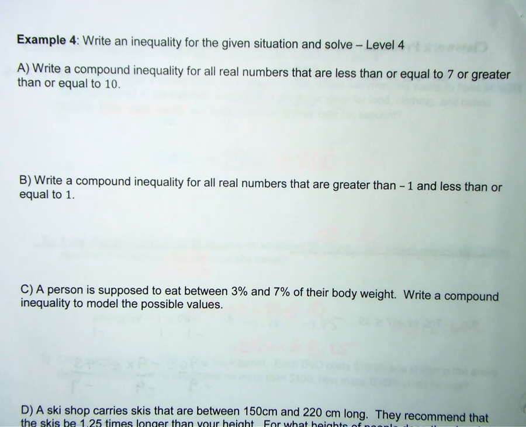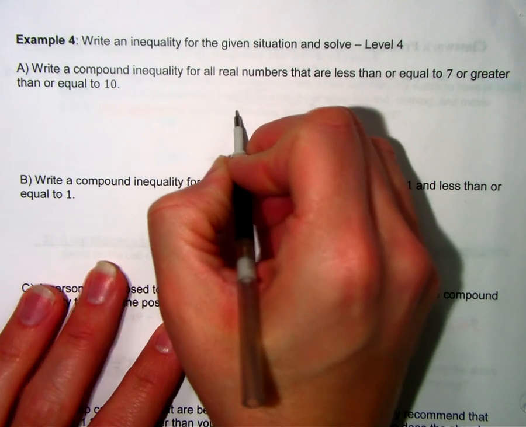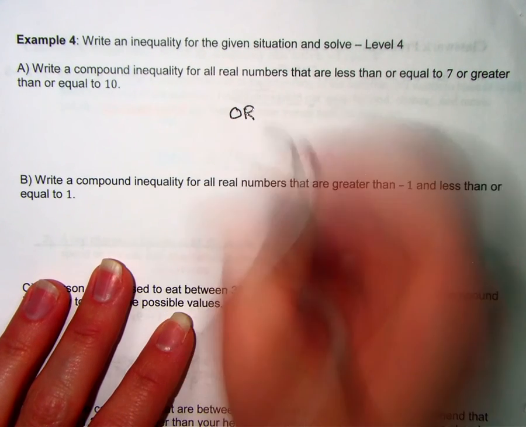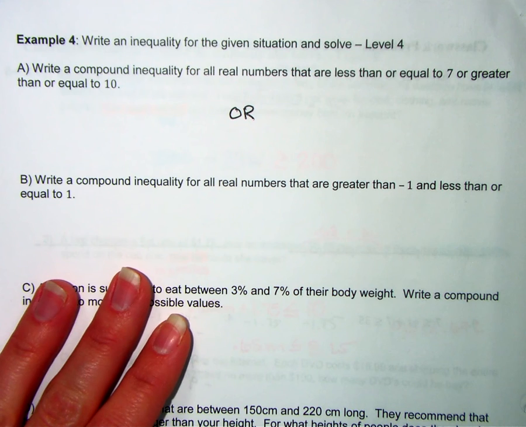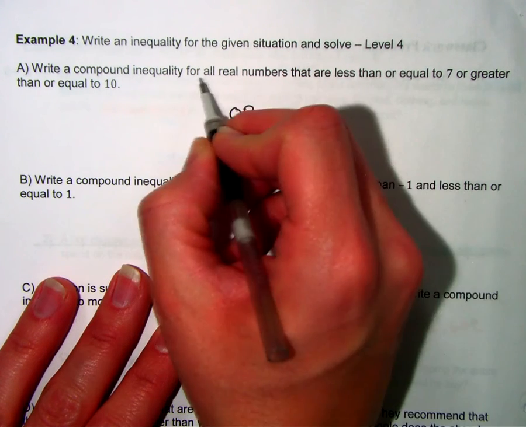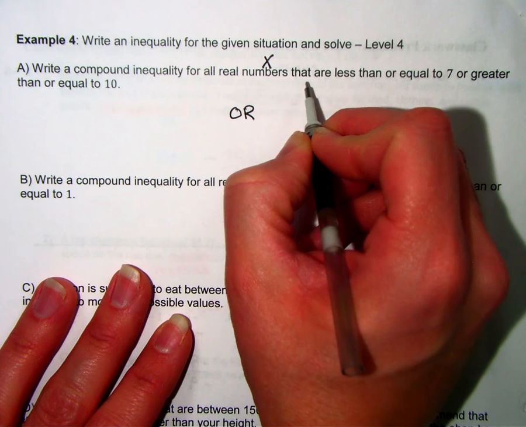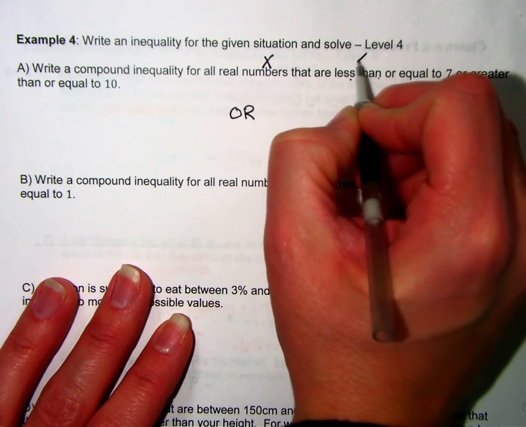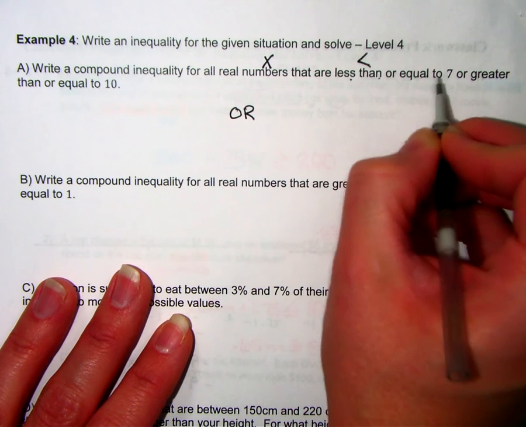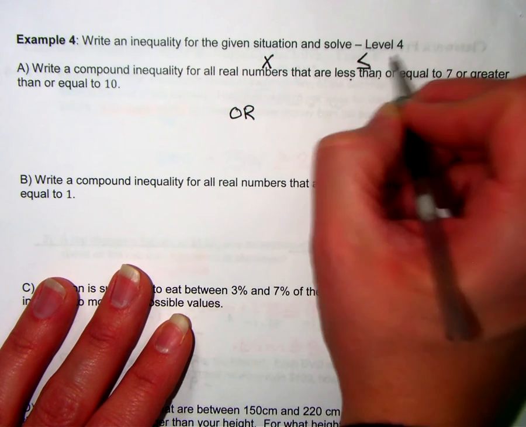Okay, so this one says write a compound inequality for all numbers that are less than or equal to 7 or greater than or equal to 10. So all we are doing is writing an or compound inequality. An or compound inequality just means I'm going to write all numbers. I don't know what the numbers are, so that's going to be x. Less than, that's this symbol, or equal to, so put a line underneath, 7.